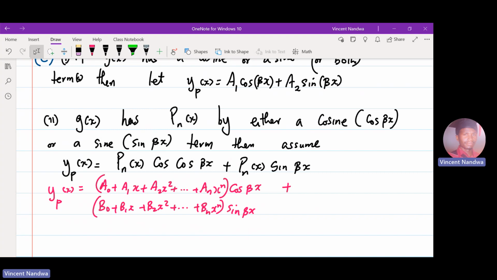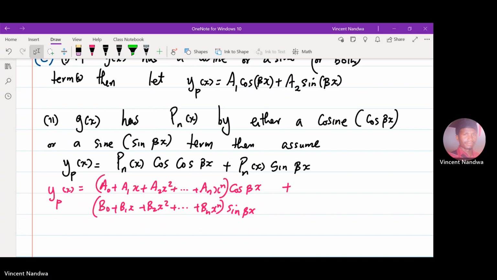The reason is that in the process of finding those unknown constants in the particular solution, it will involve differentiation.